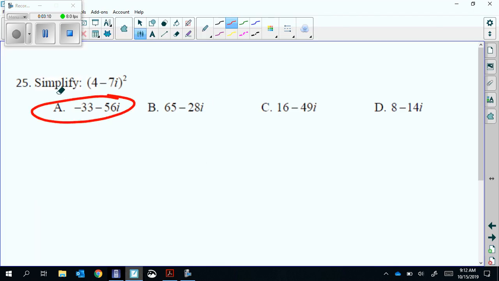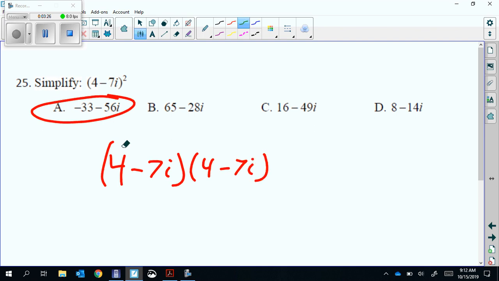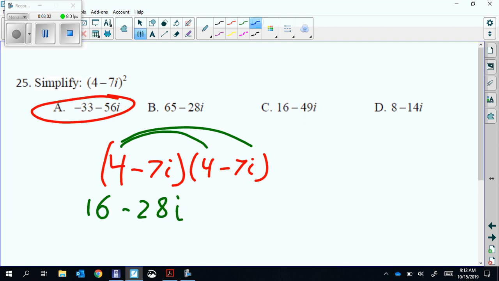Now, if you did it by hand, squared just means multiplied by itself. So it's not difficult. It's 4 minus 7i times 4 minus 7i. And you're just multiplying. So you multiply the 4 times both of these things. And then you multiply the negative 7i times both of those things.